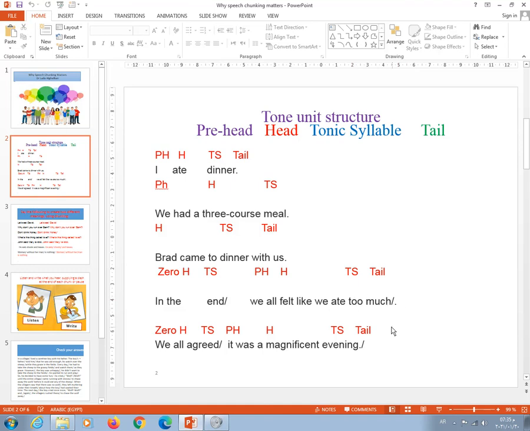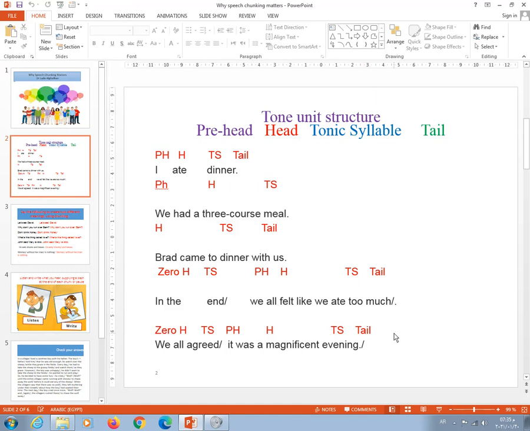You may ask here, how can we identify a tonic syllable? The simple answer is that the tonic syllable occurs in the last content word in a chunk or in a tone unit. This is the default answer.